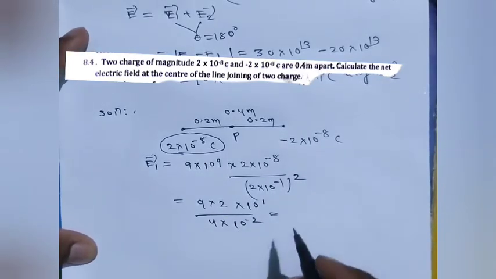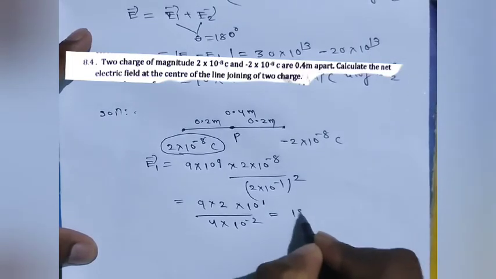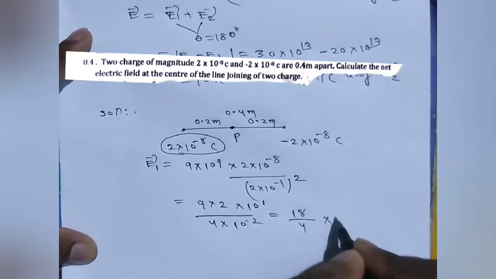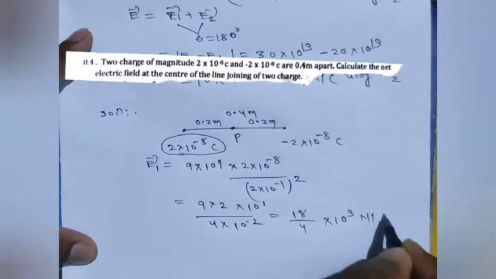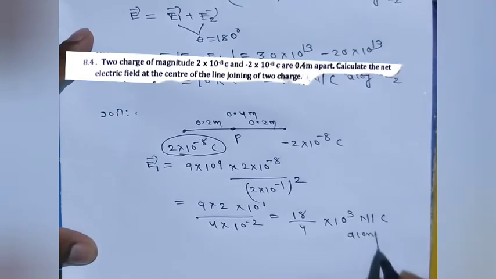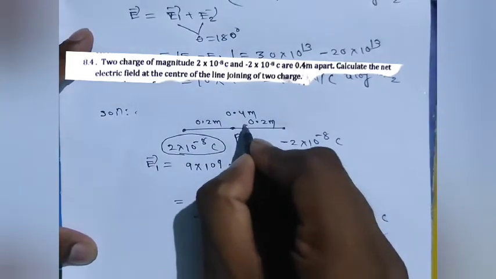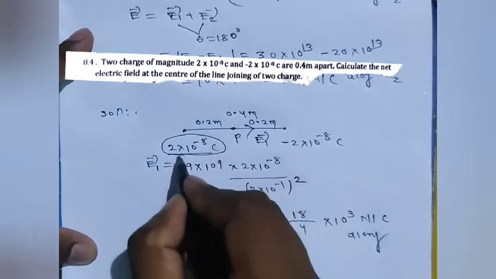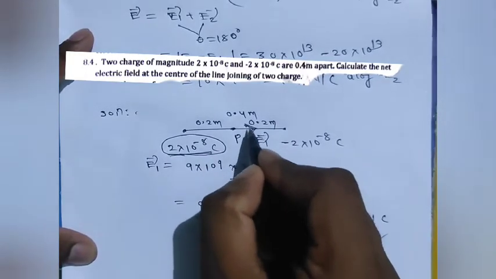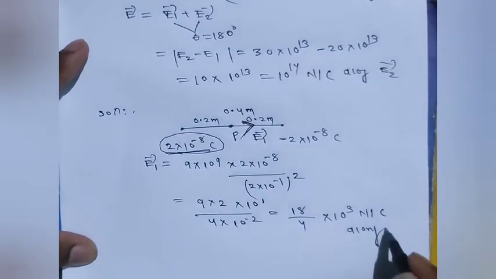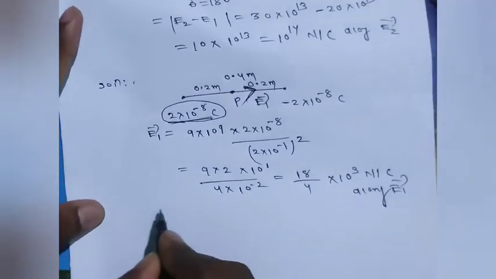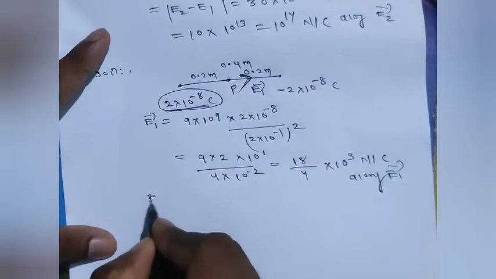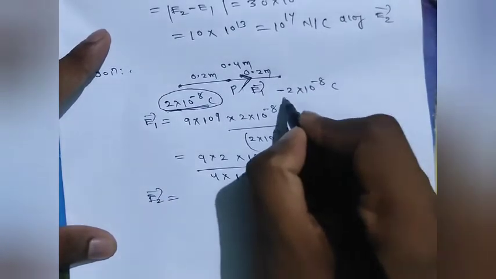So it will be 18 by 4 into 10 to the power 3 Newton per coulomb, and that will be directed along this direction, because this charge is positive, and for positive charge electric field will be directed always outward. So along E1.